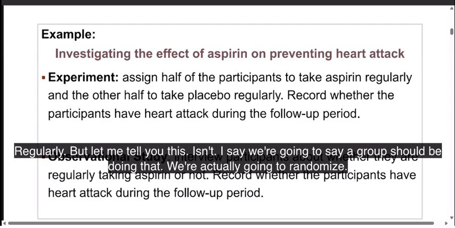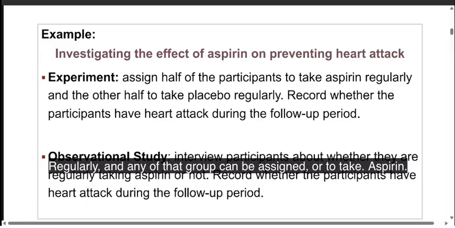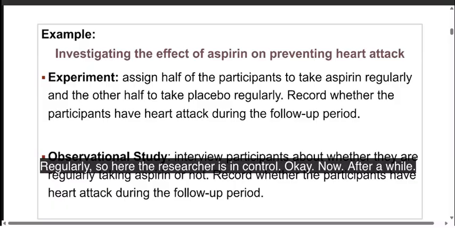But it's not as if we're going to say a particular group should do that. We're going to randomize, using the instrument of chance, in such a way that any of the participants can be assigned to take aspirin regularly, and any can be assigned not to.